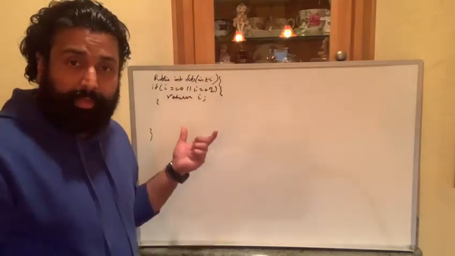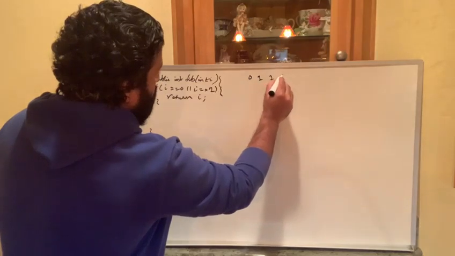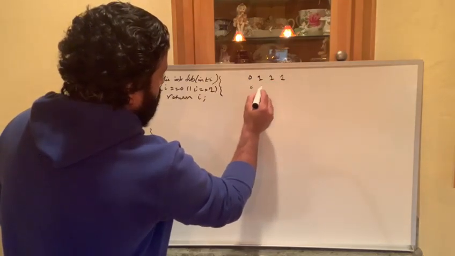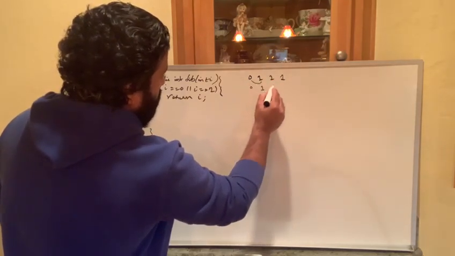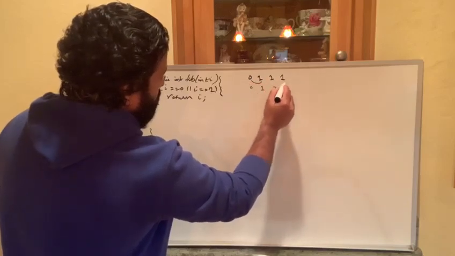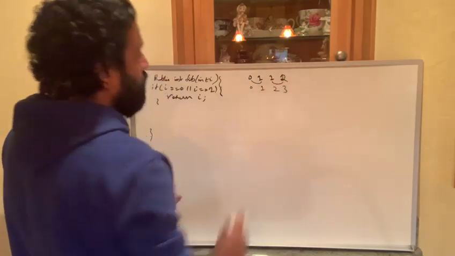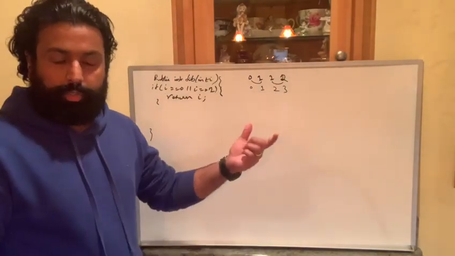So this is the base case, because 0, 1, 1. So when i is 0 or 1, we just return these two. When i is 2, we return 0 plus 1, 1. When i is 3, we return sum of these two, which is 2. So on and so forth.